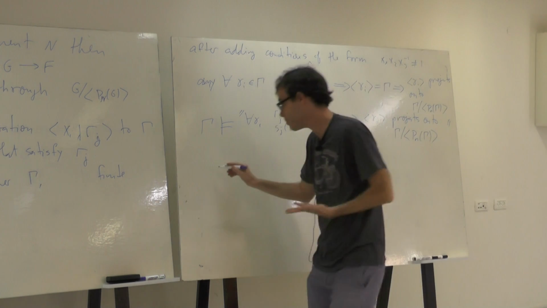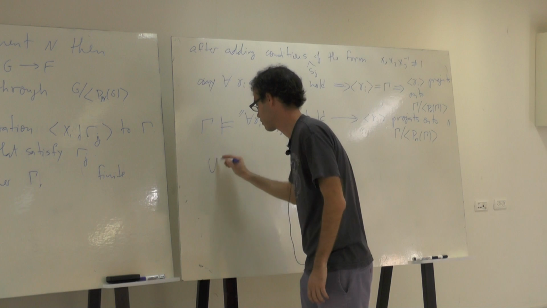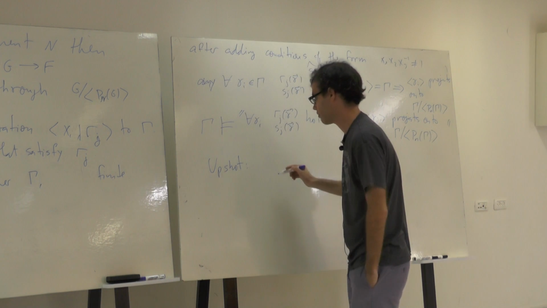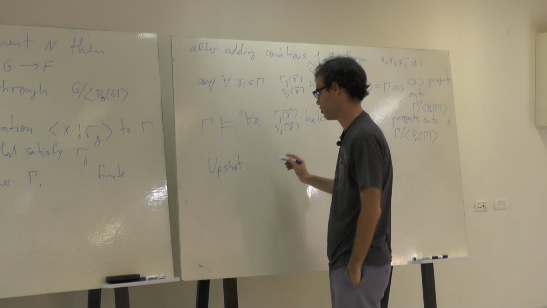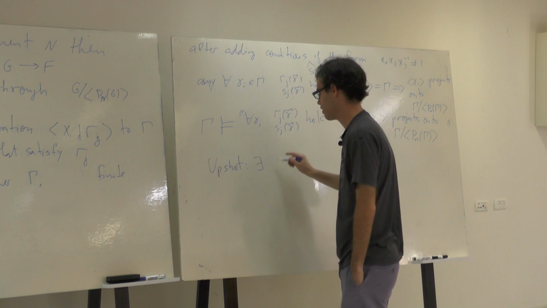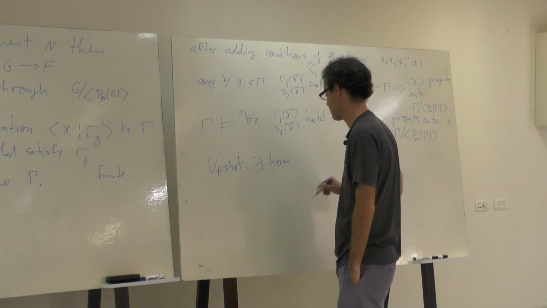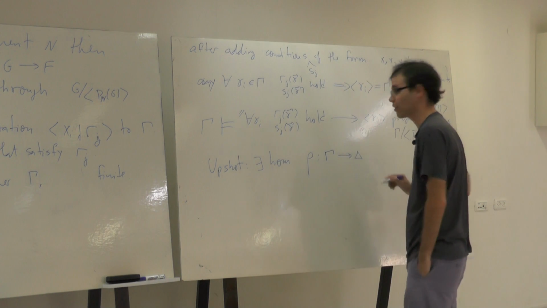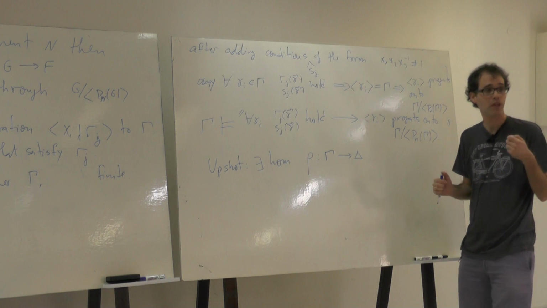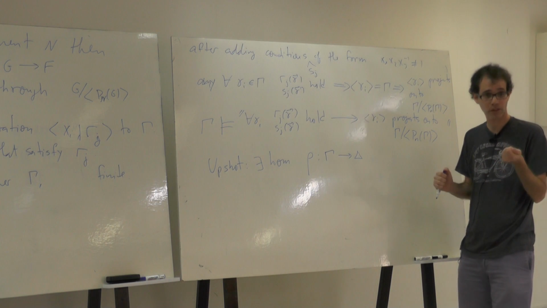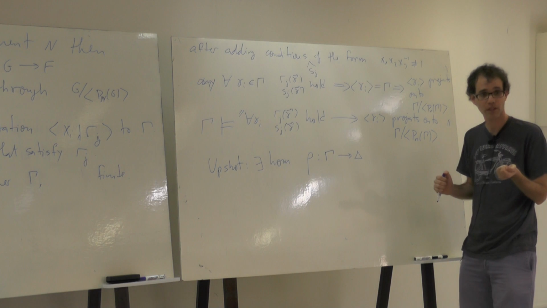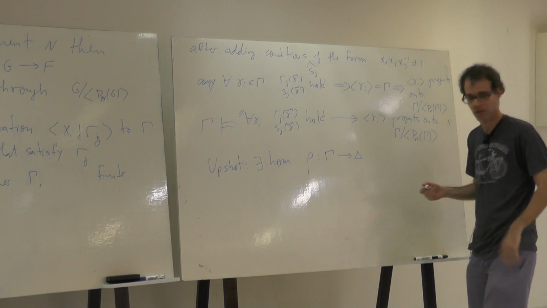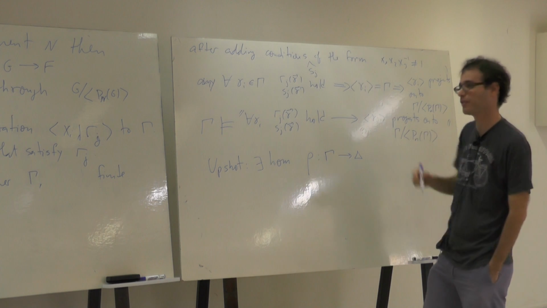So the meaning of this is that you can find a homomorphism from gamma to delta that induces an isomorphism on the pro-finite completion. Okay? So it's even stronger than what I claimed there, didn't prove.